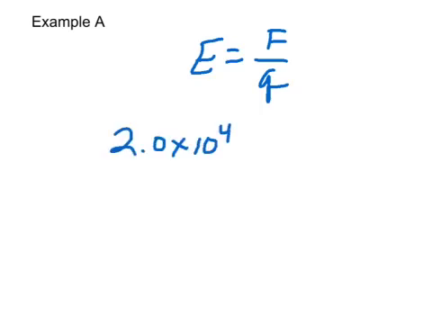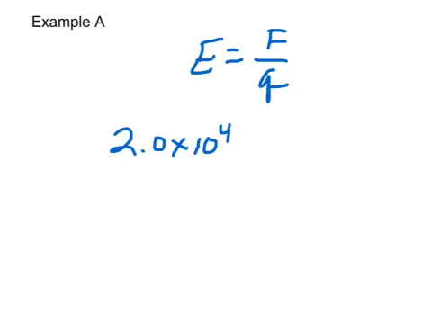So example A. An electric field has a field intensity of 2 times 10 to the 4 newtons per coulomb. If the force acting on a test charge is 6.2 newtons, what is the magnitude of the test charge? So we start out with E equals F over Q. This electric field has a field intensity, or sometimes we call it a field strength, of 2 times 10 to the 4 newtons per coulomb.